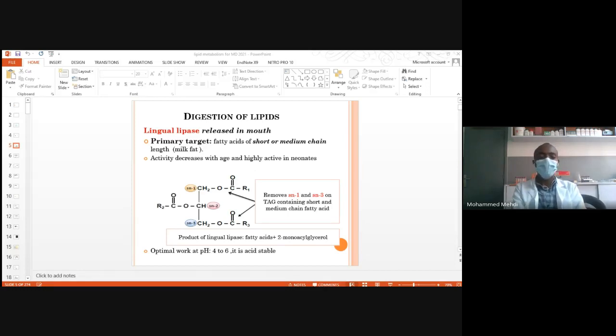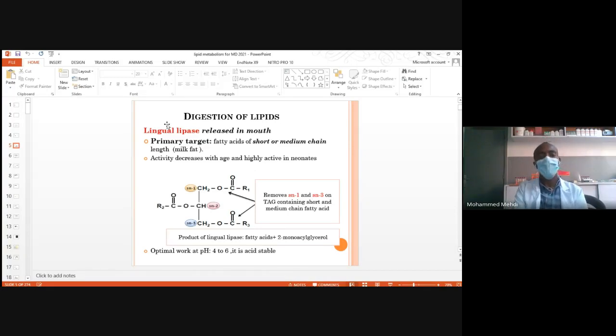This is very important because, number one, when the carbon number increases, the solubility decreases. The absorption mechanism is also different, and the enzymes involved in the digestion of fatty acids are different.